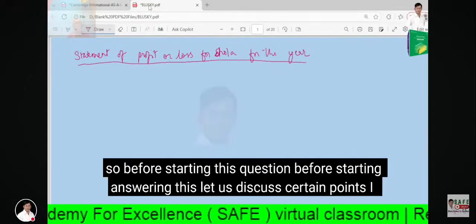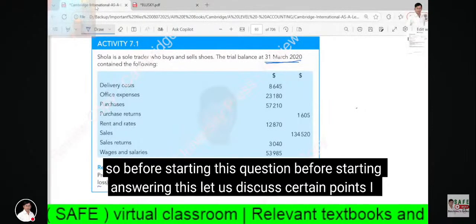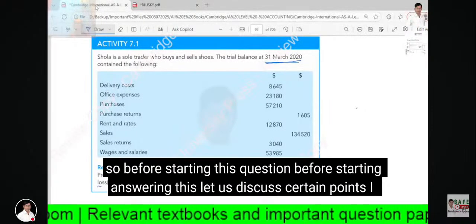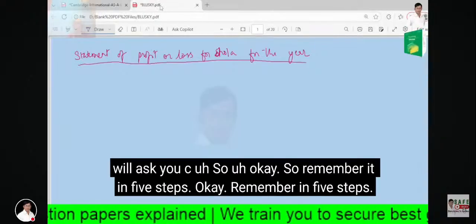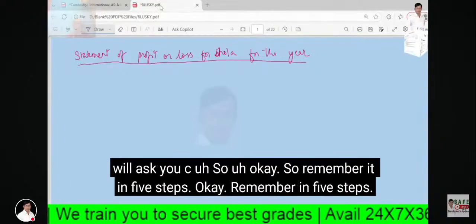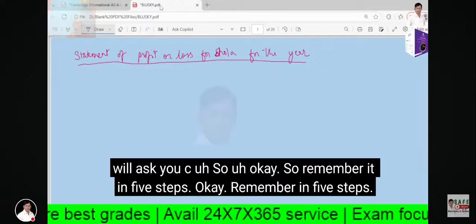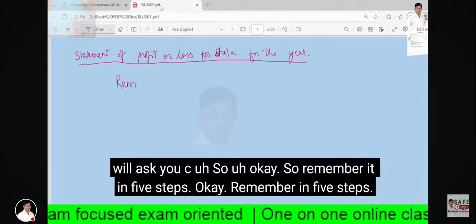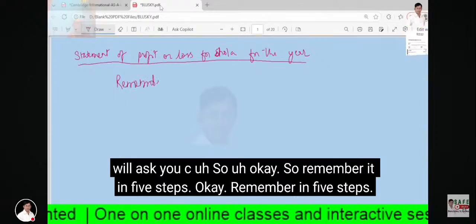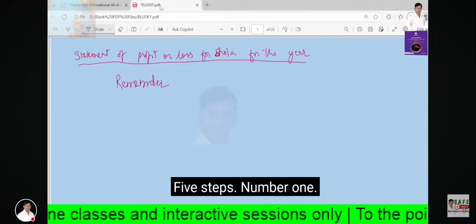Before starting to answer this question, let us discuss certain points. Remember it in five steps.